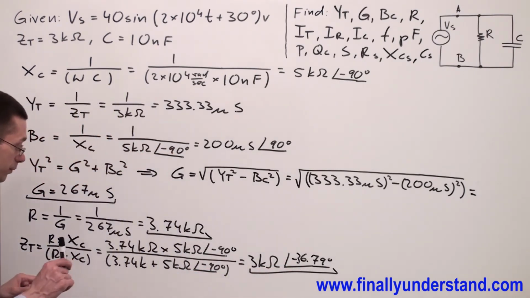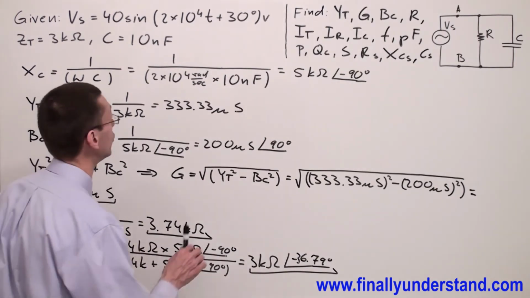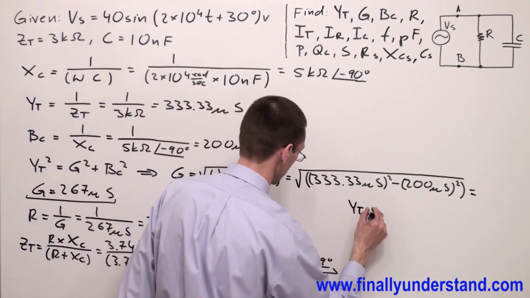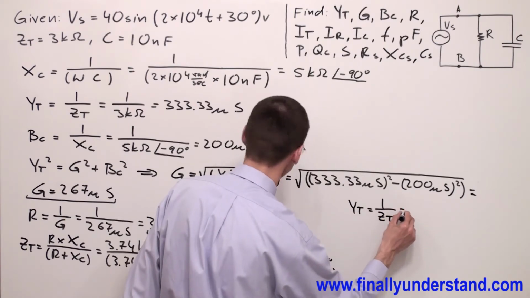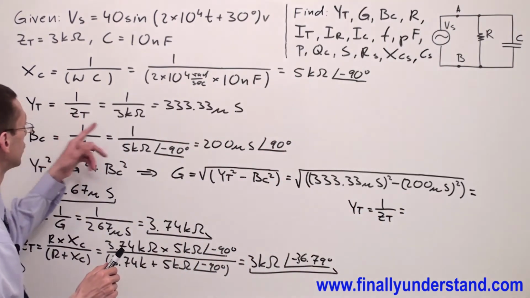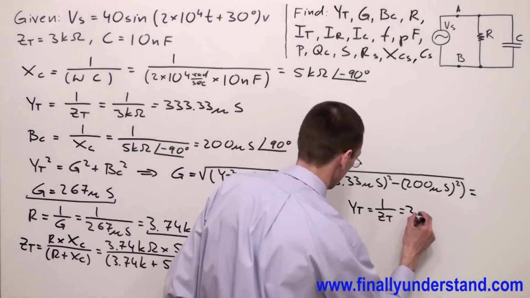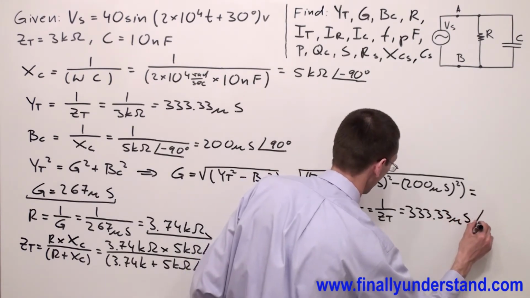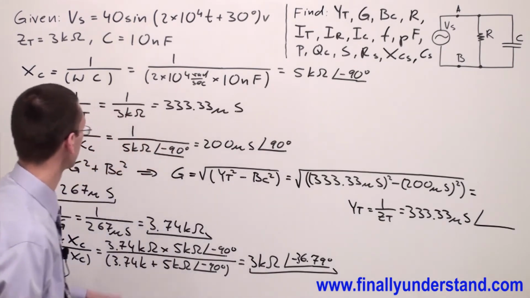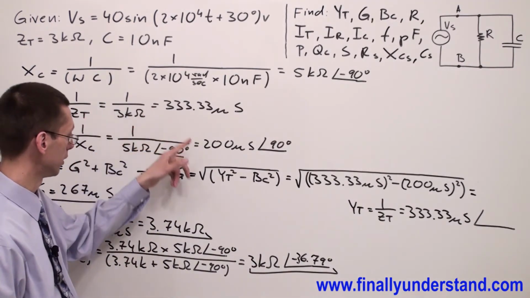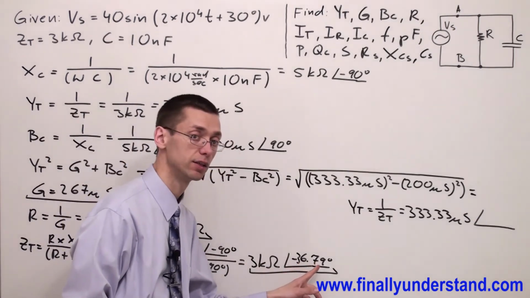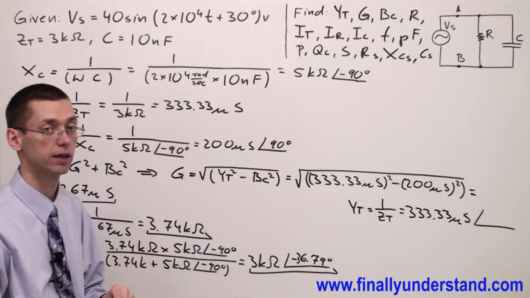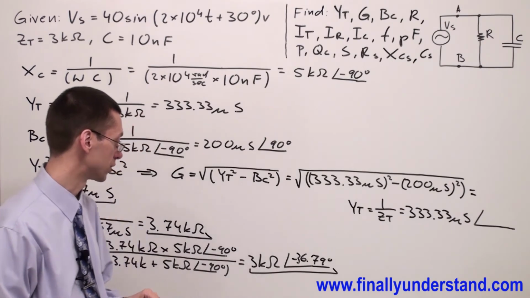Okay, so what you're supposed to keep in mind that if you want to find the total admittance, you have Y total is equal to 1 over Z total, and we found already how much is Y total, which is equal how much? 333.33 microsiemens, and now we can add also angle, because my Z total was missing the angle negative 36.79 degrees, and my Z total is in the denominator, so you have to subtract the angles anytime you divide two complex numbers expressed in polar form.